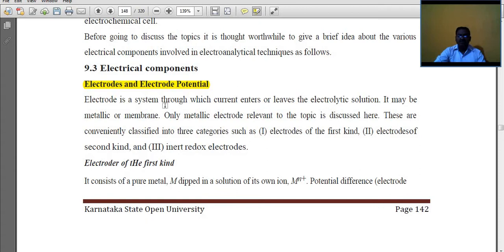The electrode is the system through which current enters or leaves the electrolytic solution. It may be metallic or membrane. Only metallic electrodes relevant to the topic are discussed here: electrodes of the first kind, electrodes of the second kind, and inert redox electrodes.